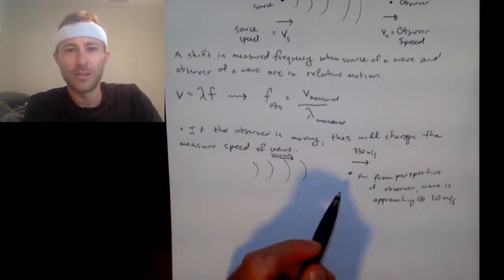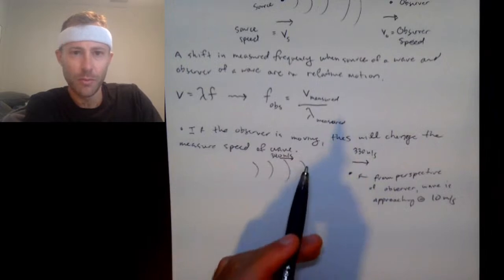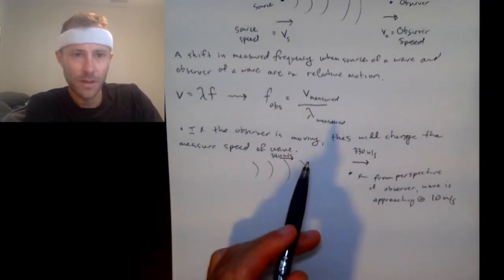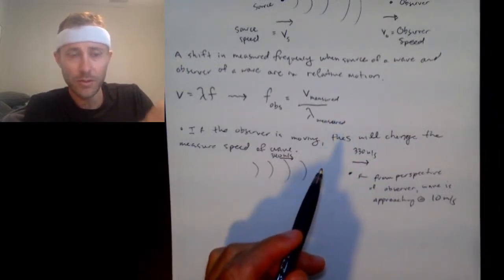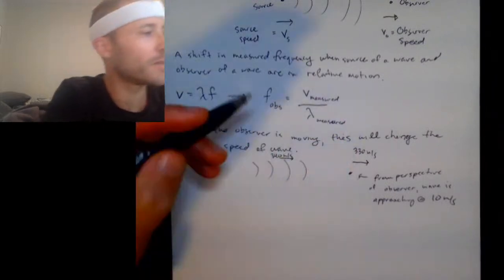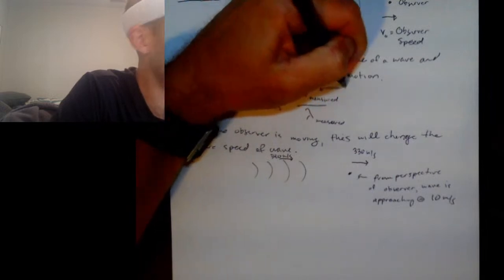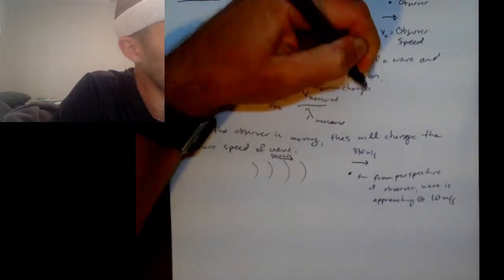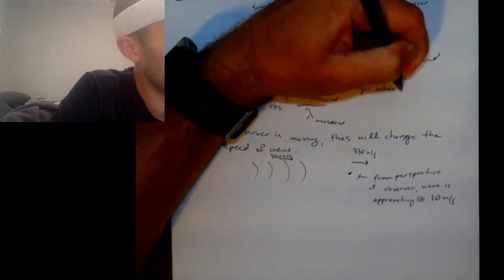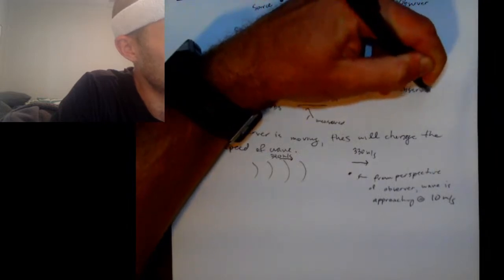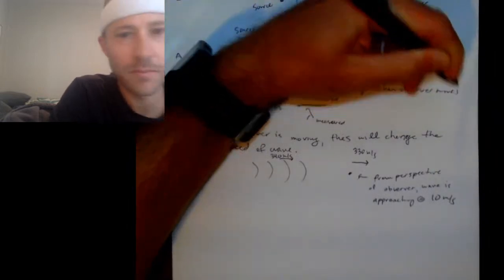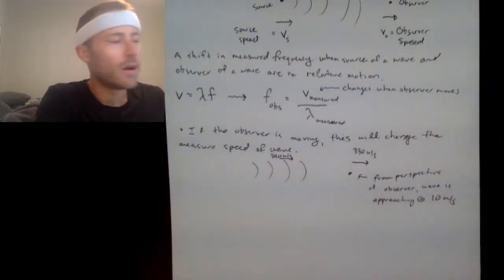So see how the observer moving affects the speed that the observer sees the wave traveling at. So the measured speed of the wave changes when the observer moves.